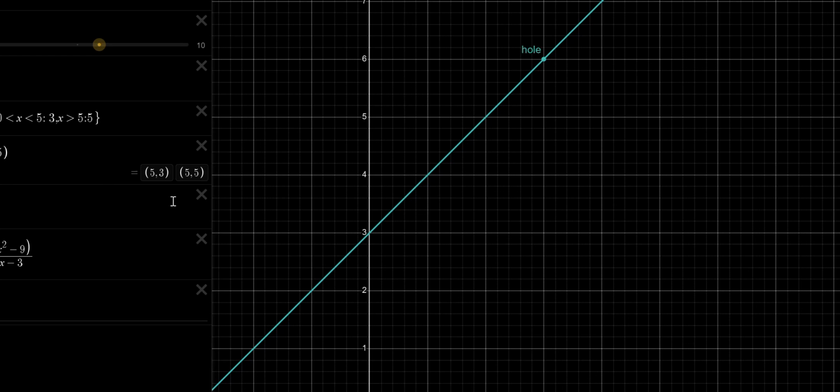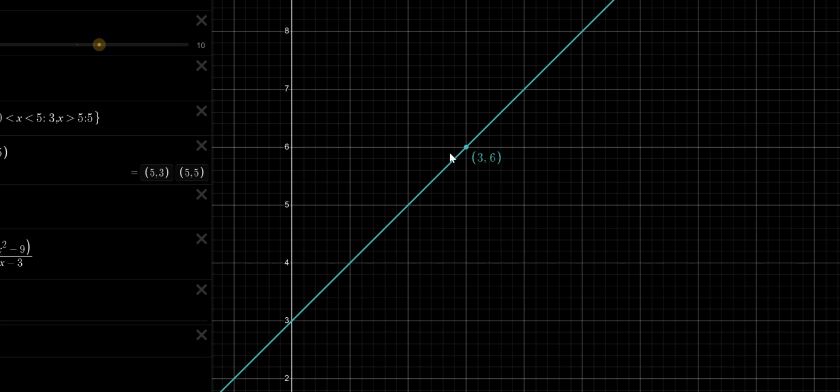Matter of fact, let me show you. So that's our hole right there, but I'm going to keep the label. You see? Whoa. So obviously we see it's 6, but if we were to determine this algebraically, it'd be completely different.